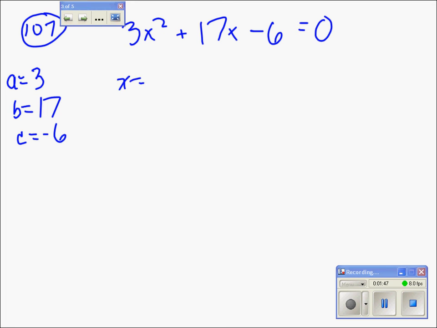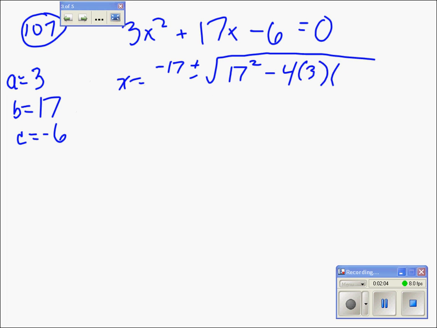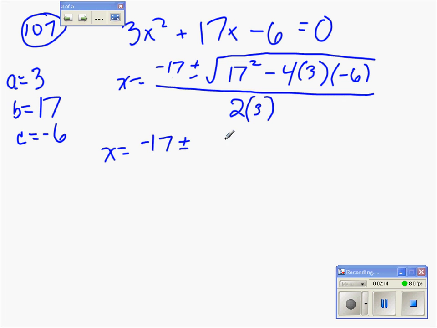So it'll be x equals the opposite of B plus or minus, and this could get ugly, square root of b squared, that'll be 17 squared, minus 4, 4 is always there, times a times c, all over 2a. So that's the general setup, and then we're just going to continue this process through.